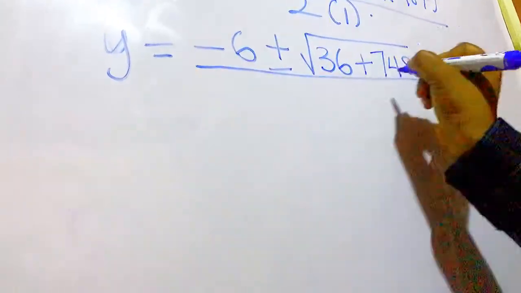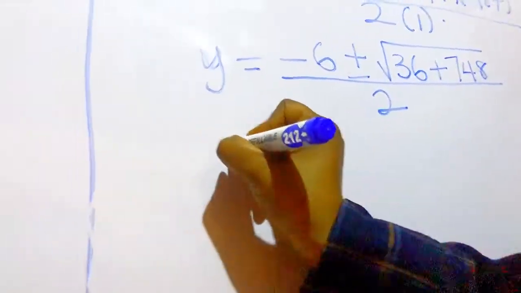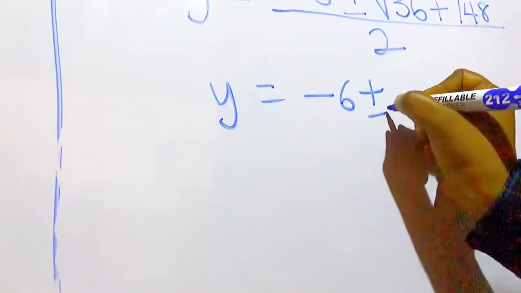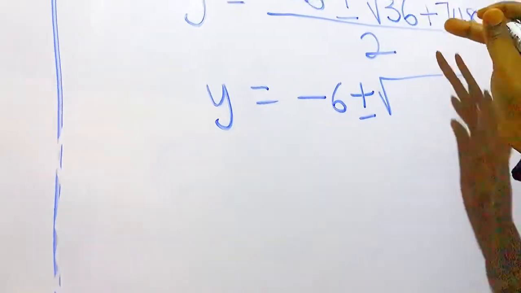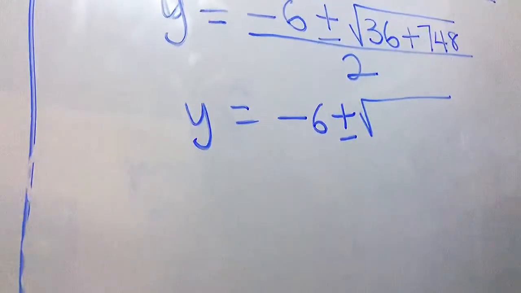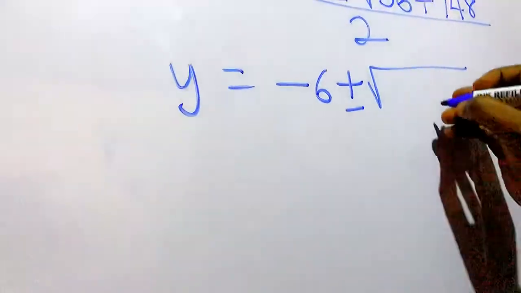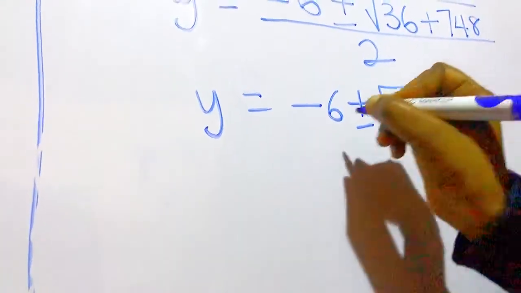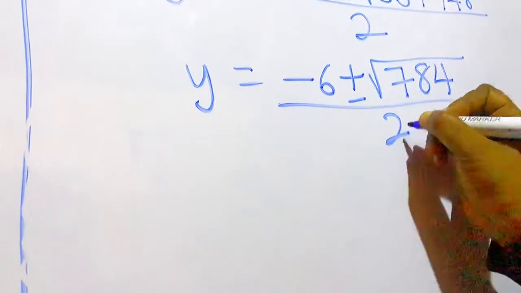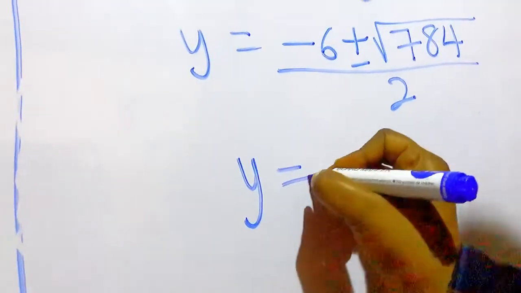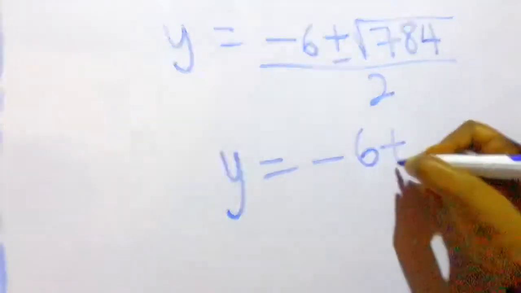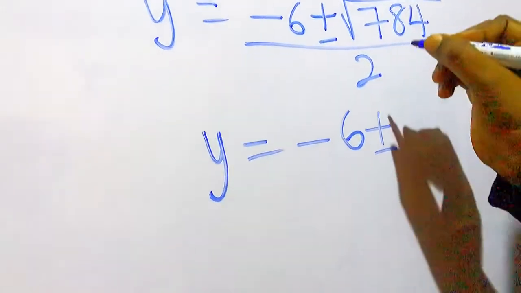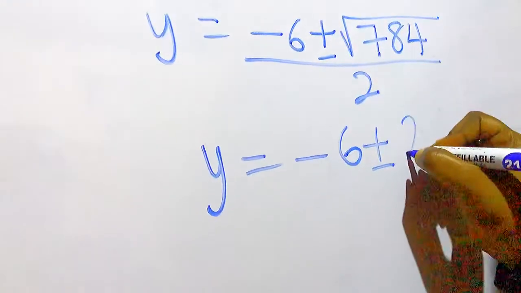Everything over 2. So y is equal to minus 6 plus or minus square root of 36 plus 748, which is equal to 784, everything over 2. This 784 is a perfect square, and the square root of 784 is 28.